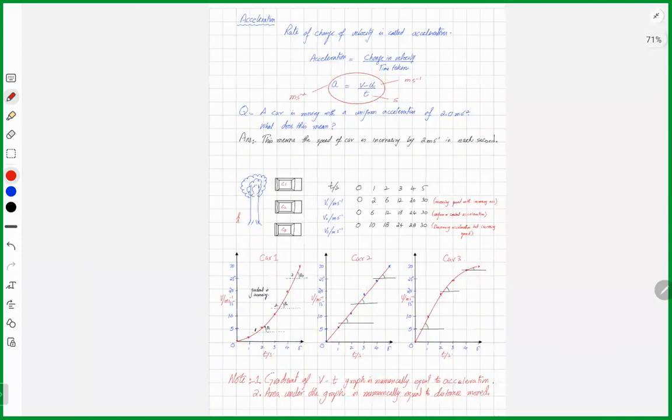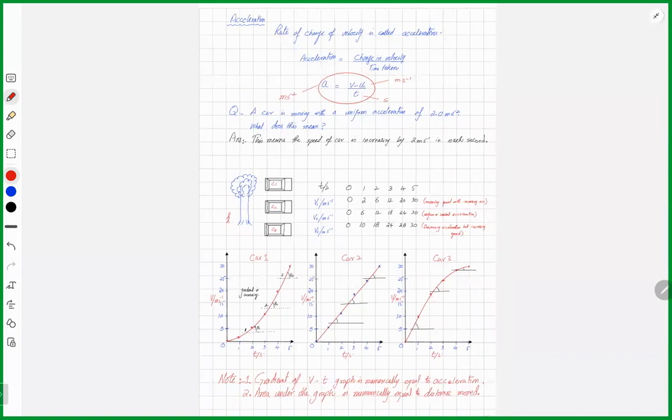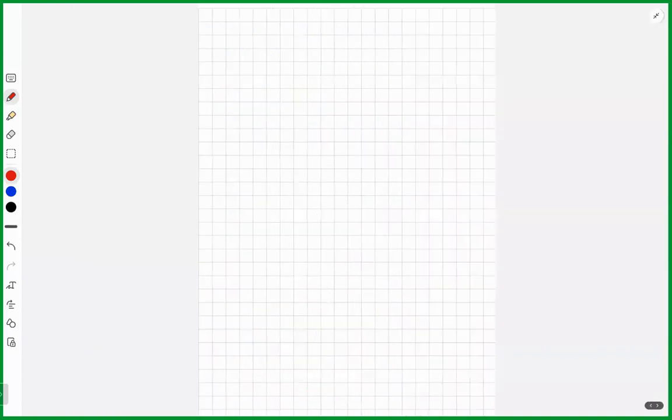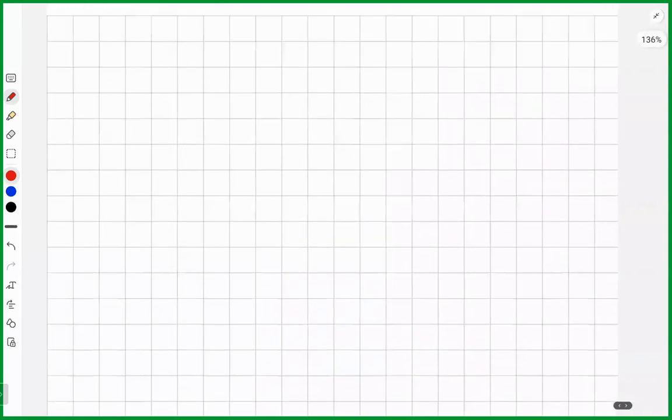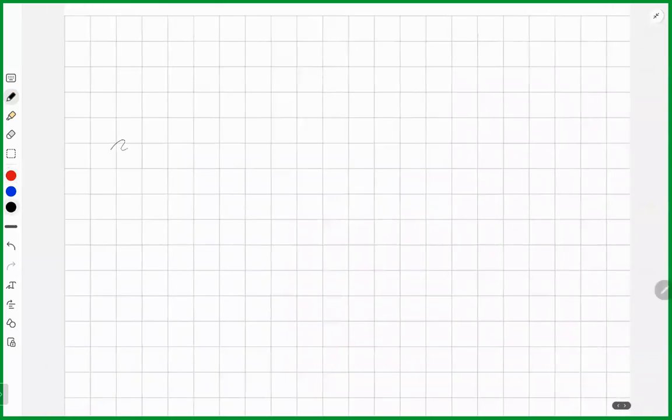Now, how many different types of graphs can be there for speed time graph? Let's make all possible graphs. And we will be writing short description of each one.